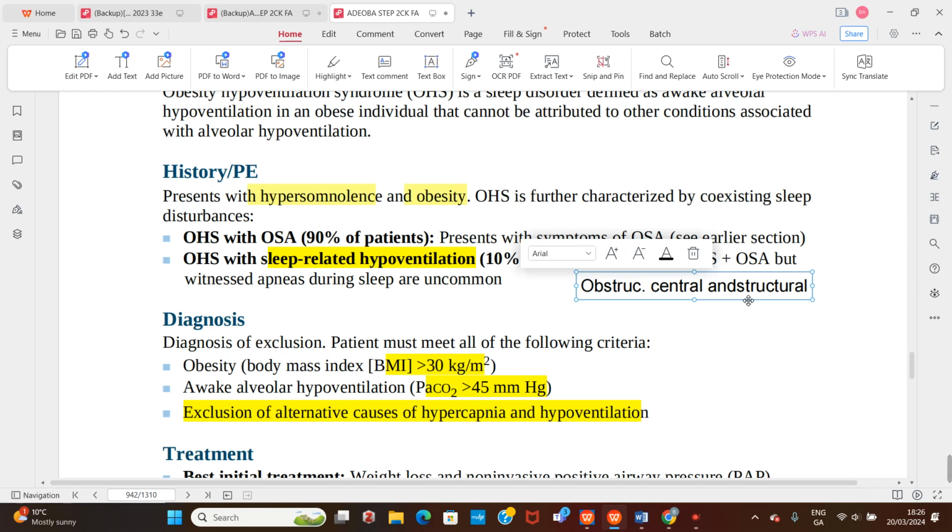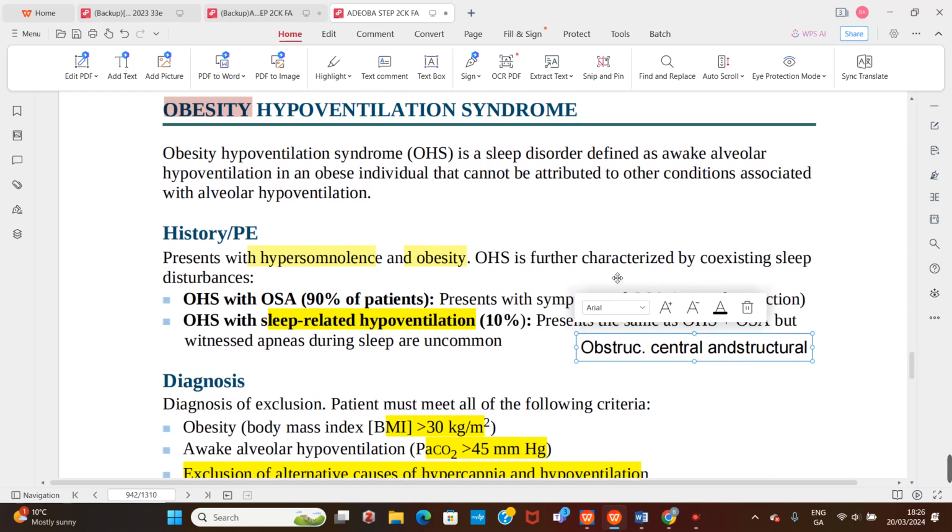That is it. So that is why the clincher you are going to be looking for in the question is diurnal daytime hypercapnia. That is what is going to separate it from obstructive sleep apnea, because with obstructive sleep apnea, they only experience symptoms at night. By the time they wake up, they are fine, they are doing well. But these guys experience symptoms both daytime and nighttime.